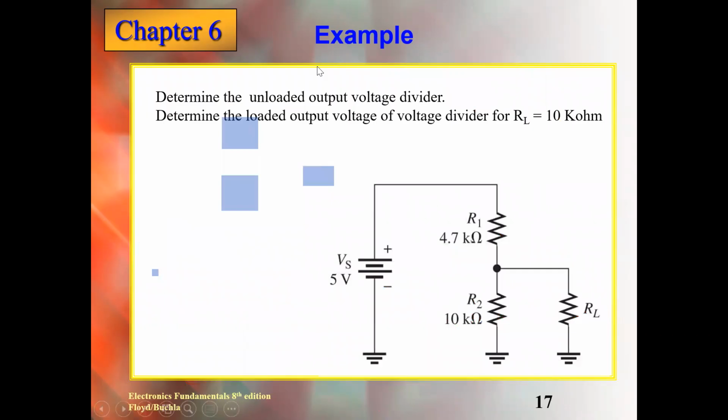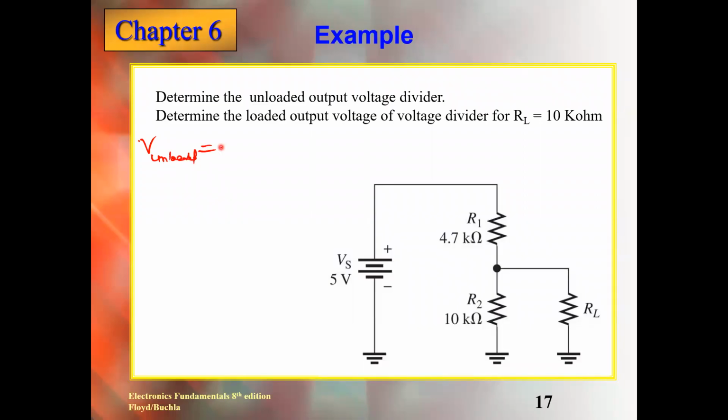Let's see this question. Determine the unloaded output voltage of the divider. When we say unloaded, it means we don't need to consider the load RL shown here, so we can ignore it and then calculate.